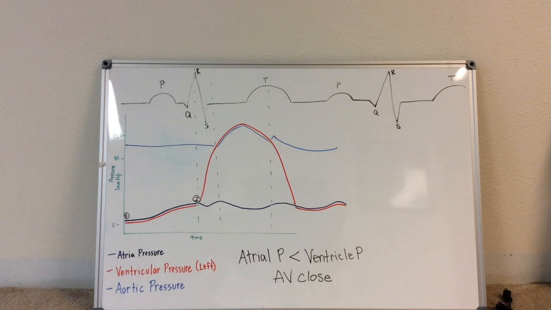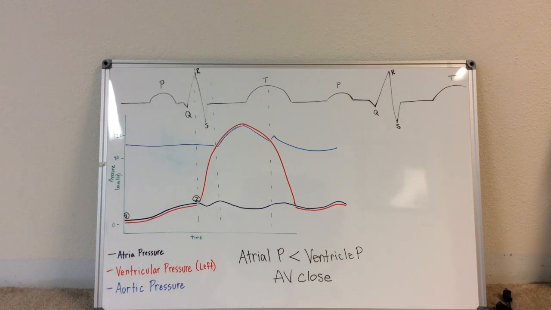This prevents further blood from entering into the ventricles and allows the atria to enter filling phase, where it is just building up blood in the atrium, ready for when its pressure again becomes greater than ventricular pressure, and that will allow blood to once again flow from the atrium into the ventricles.